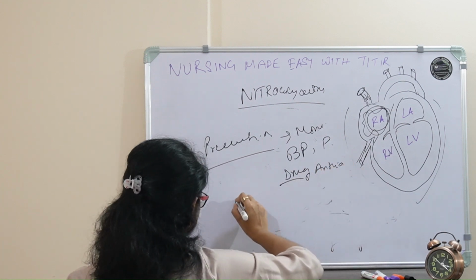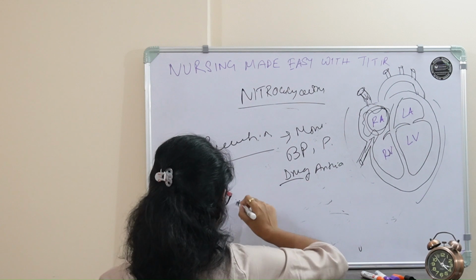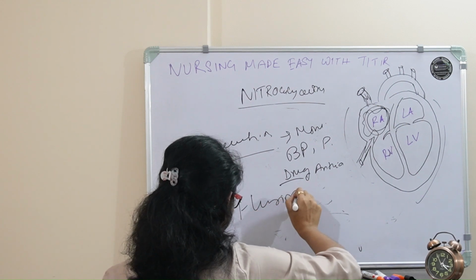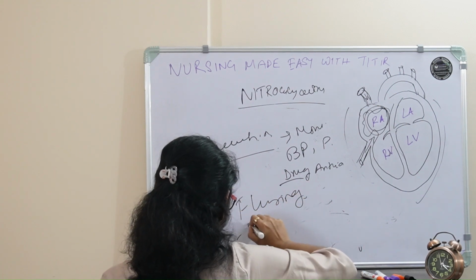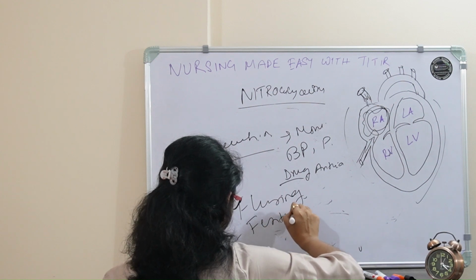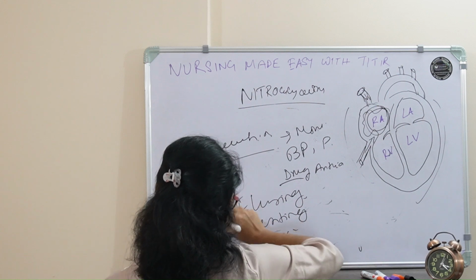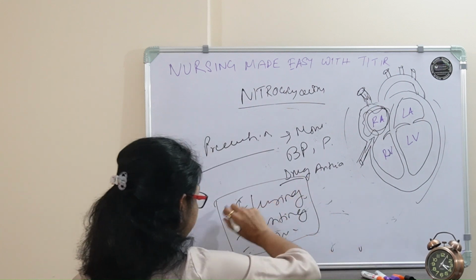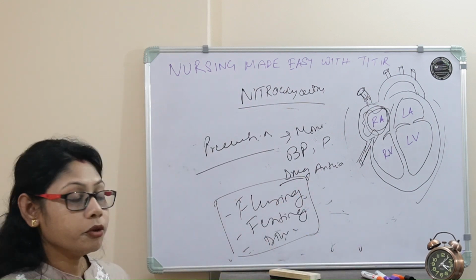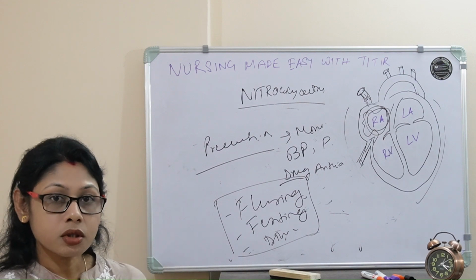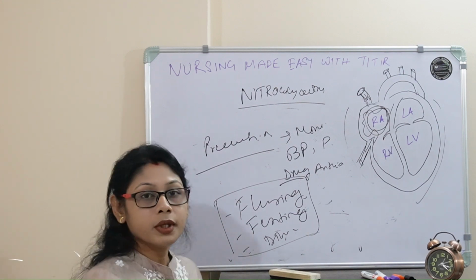There will be some other side effects like flushing, fainting, dizziness. If the patient complains of this kind of thing, we have to immediately either titrate the dose, change the dose, or stop the medication.